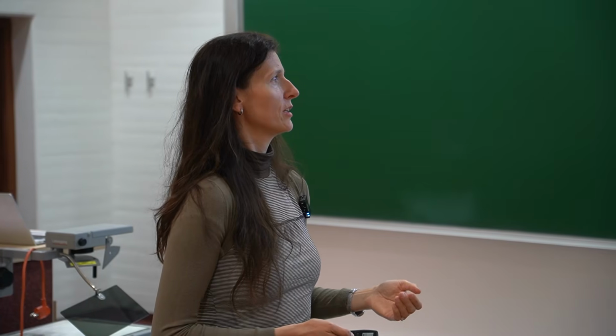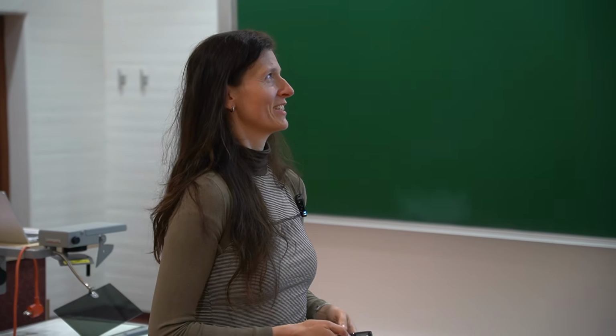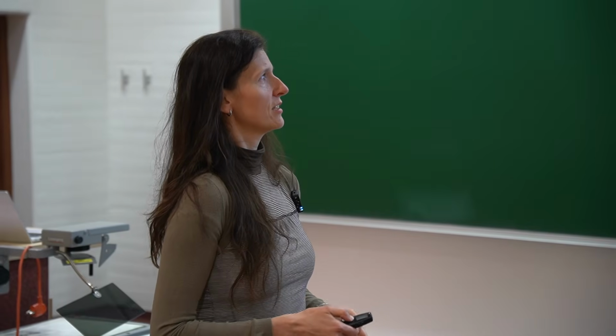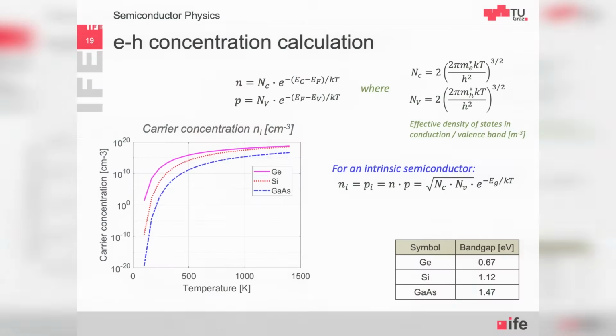And probability is mainly temperature dependence, but we will see the expressions. So effective density of states in the conduction or in the valence band. For each band we can describe it separately. It depends on the temperature and the effective mass of the charge carrier. So for holes and for the electrons it's slightly different.